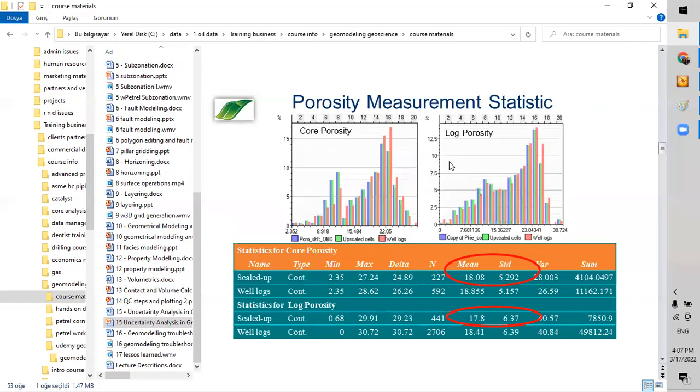So this one, between 18.8 and 17.8, is the uncertainty based on what? Based on core, based on measurement techniques. If we measure the porosity on core or log, that's the difference.